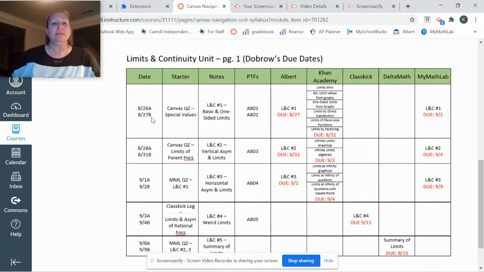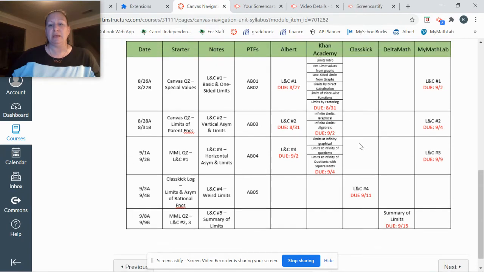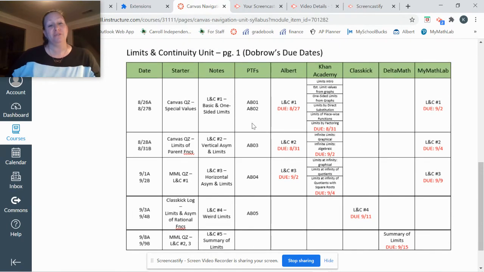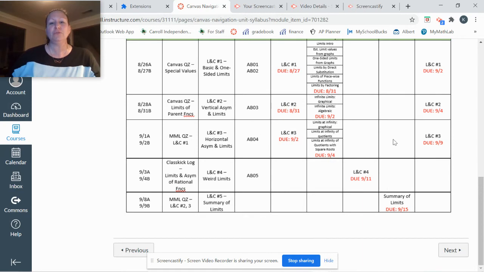It's got the day that we're doing it, the class starter, any notes that we're doing, any PTFs that are available for that, the in-class assignment, Albert, the Khan Academy assignments, both of those have due dates. If there's anything on ClassKick, anything in Delta Math, and if anything is in My Math Lab. So it's a comprehensive view of what's going on in that unit. And our first unit happens to be limits and continuity. Good place for you to figure out what's going on.